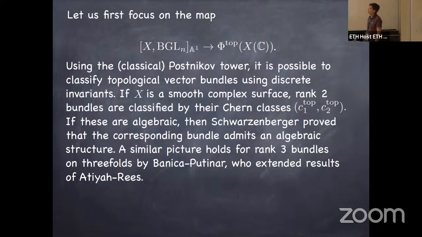And it's exactly the same condition on the right. So again, you have a very complete way of understanding the image of this map. And you can try to do the same for rank 2 bundles. It's slightly more complicated, but still, you get exactly the same picture.